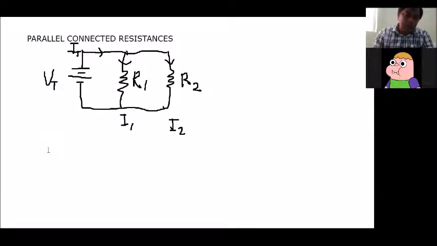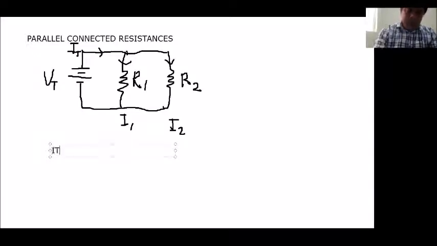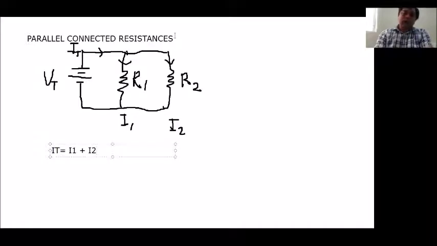So what they discovered is that this total current I sub T is actually equivalent to the sum of the individual currents that pass through our circuits. If you add I1 and I sub 2, it equals the total current coming from the battery.